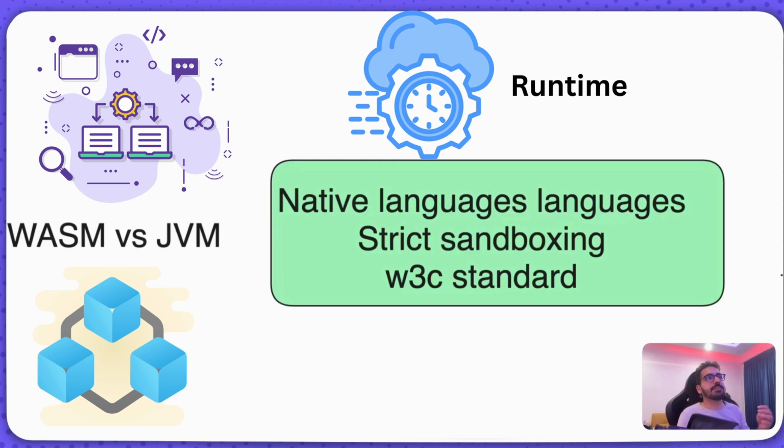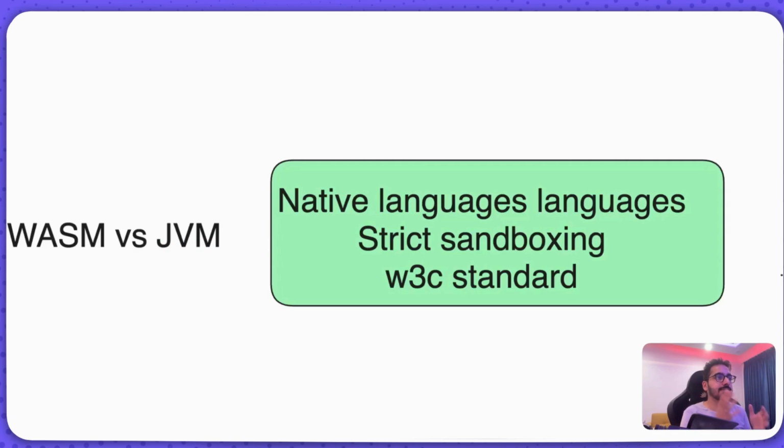And that's why, when we talk about running sensitive code or giving it on browsers where people can put malicious code, it won't affect your overall systems, because it runs in a specific sandbox and doesn't have any resource requests with respect to your host. So it will be running isolated and securely. That's what strict sandboxing is. And this is where WebAssembly has strict sandboxing and the JVM doesn't.